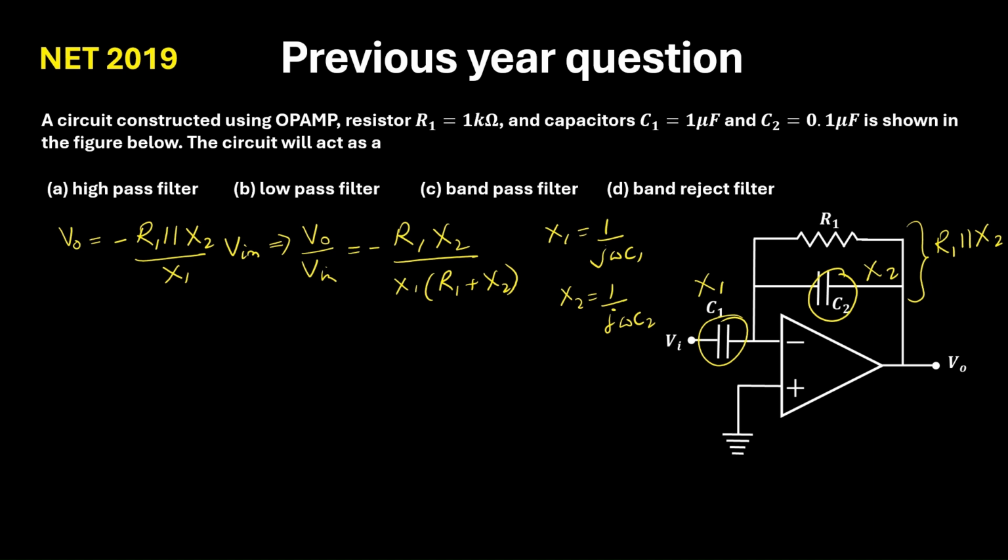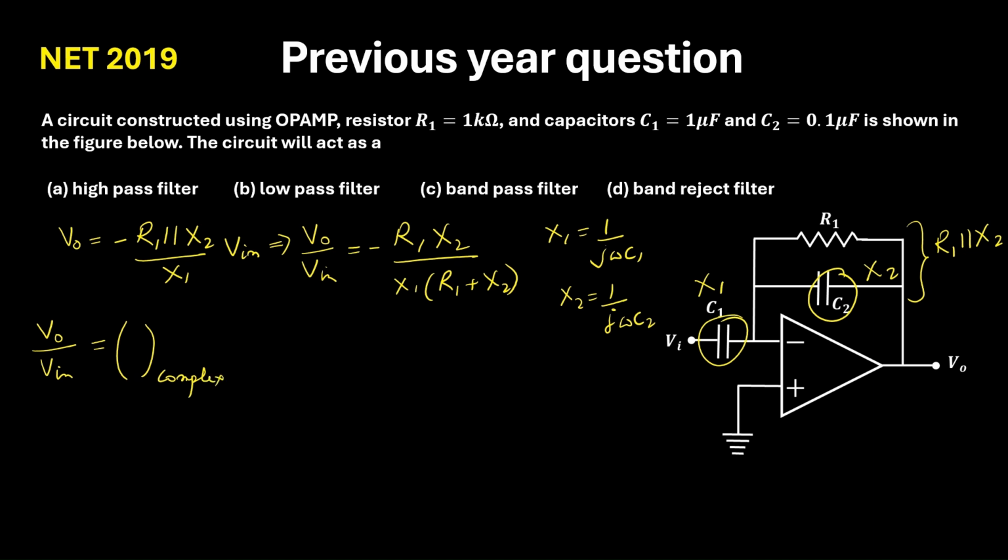You can pause the video, substitute the expressions of X1 and X2, and you will find that V naught by V in is in complex form.